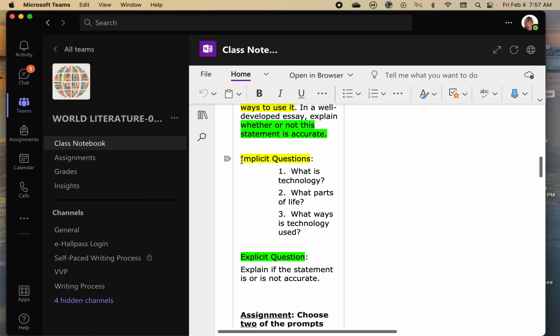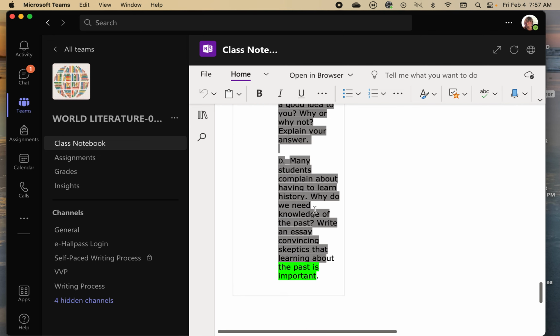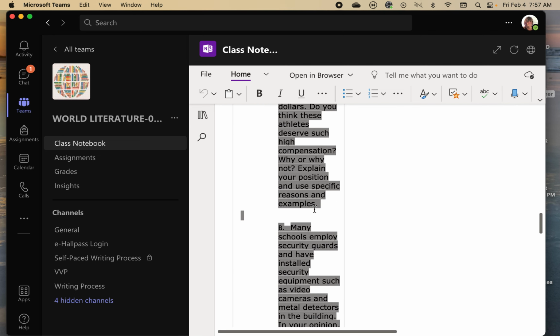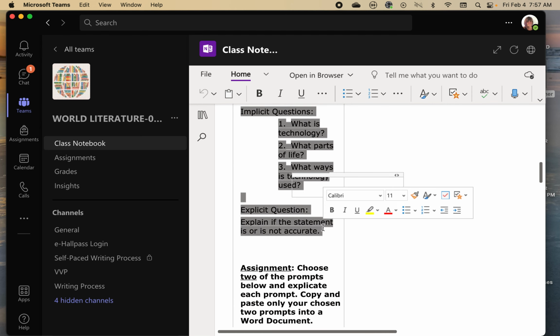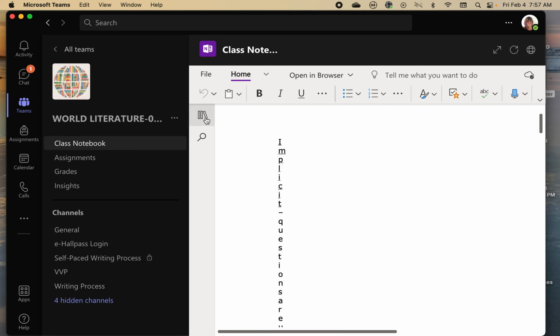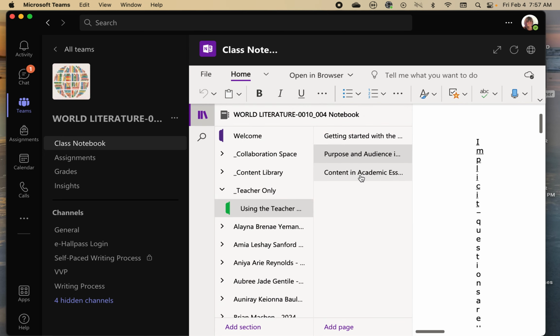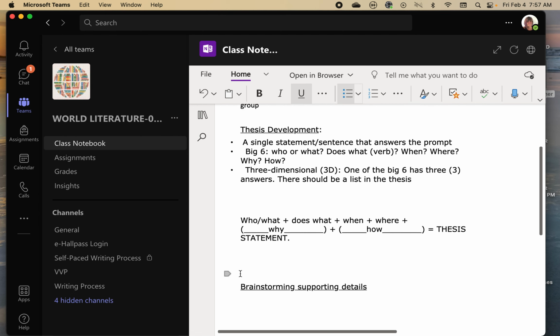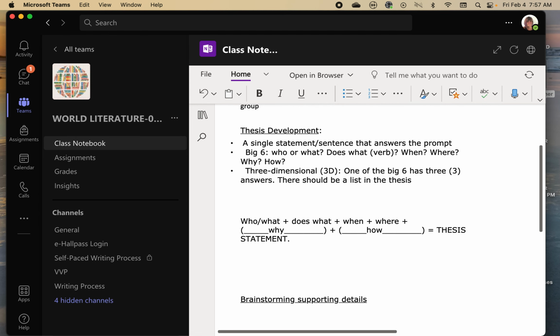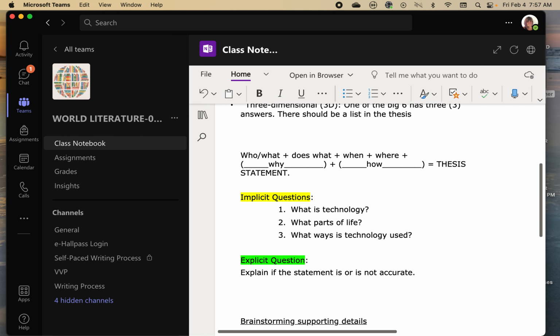I don't know why that's looking so weird right now, but I am trying to copy and paste so I don't have to hop back and forth between those pages. Okay. So if this was my breaking down of the implicit and explicit questions for that prompt, I would use these to help guide my brainstorming.